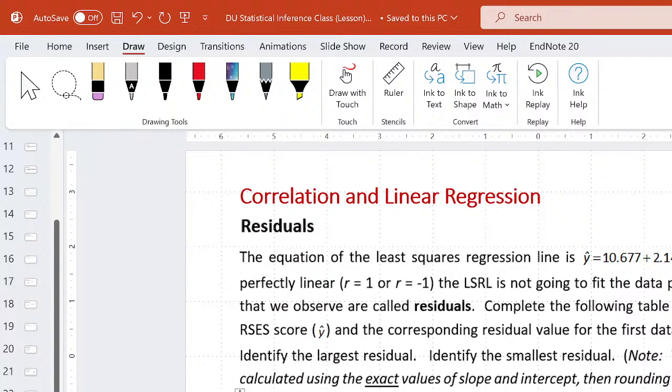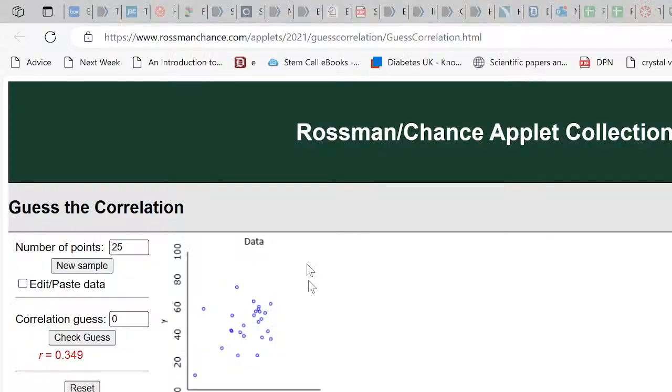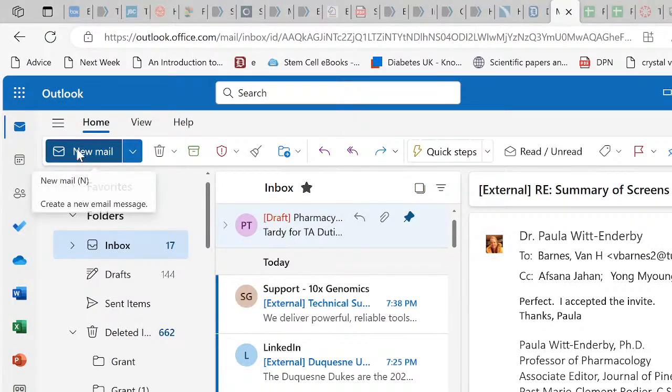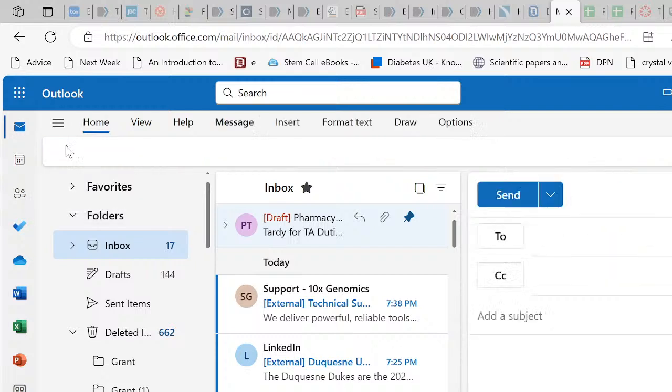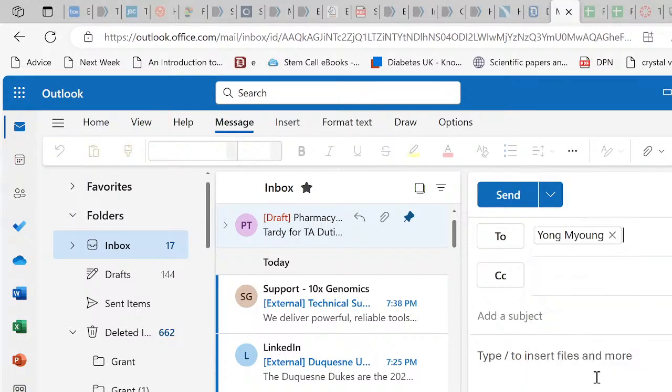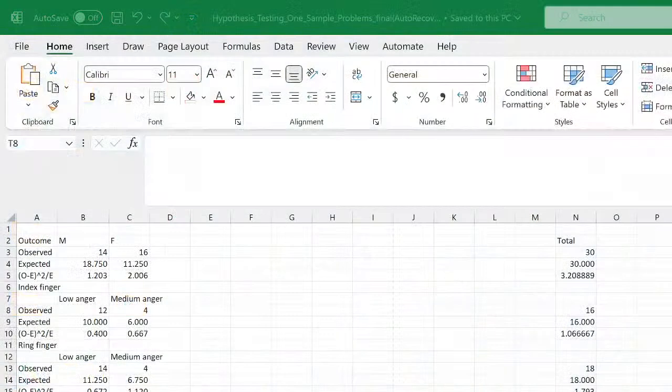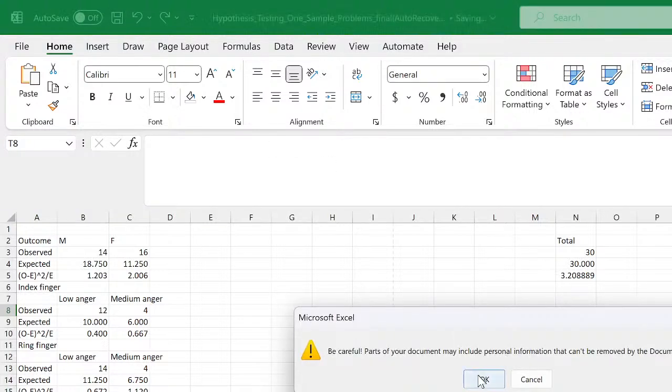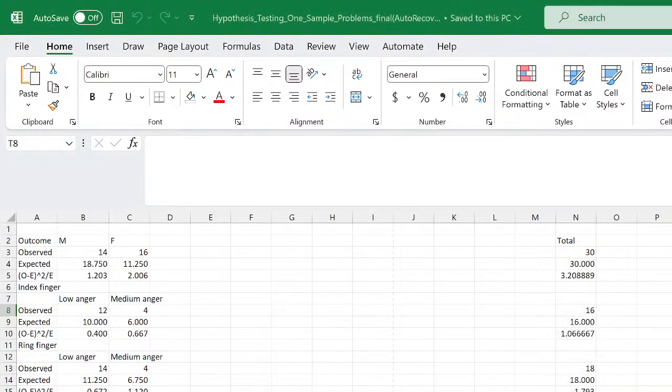Corresponding fuel consumption, 58, 52, 91, 80, 114, 98, 87, 122, 173. Let's go into Desmos.